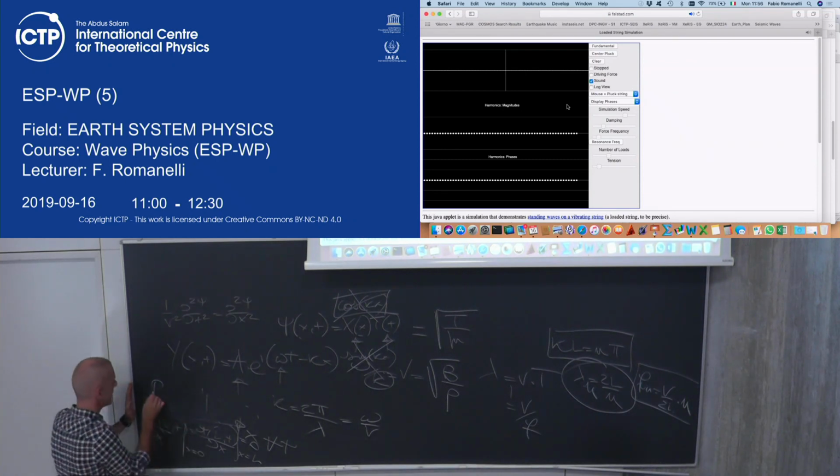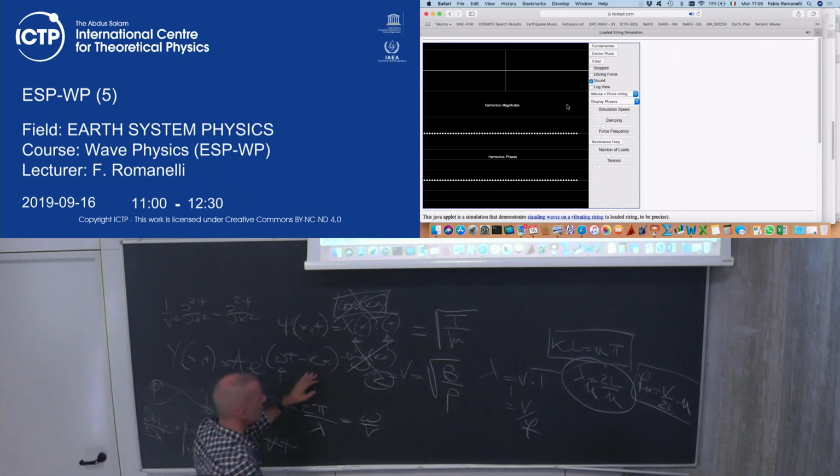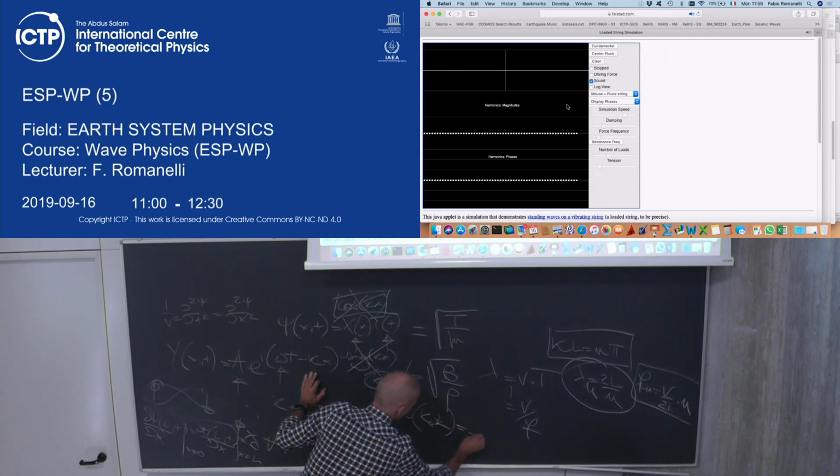is to imagine a stick, a ring here, and a string inside. Oops, that's terrible. Now, the wave function, the eigenfunction, will be maxima at the sticks. Okay? So what we have to do is simply to consider cosine of k and of L equals 0.